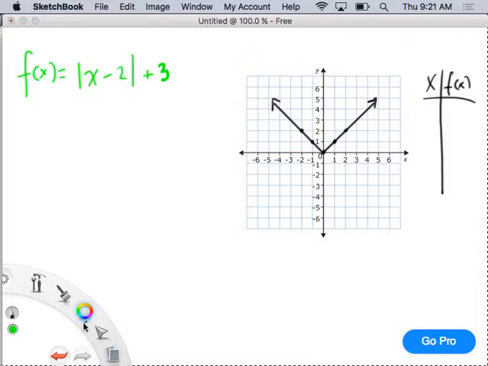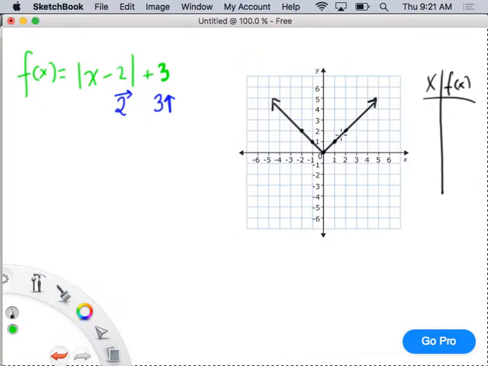I just want to apply my understanding, which is that this right here is my vertical shift, and what's that going to do to the function? Up 3, right? So it's going to take my parent function and shift it up 3, and this is going to do what? 2 to the right. It's right because it's negative. So it goes 2 to the right.